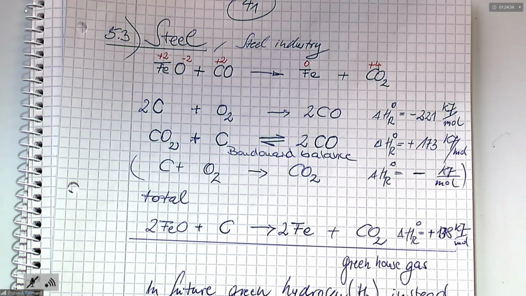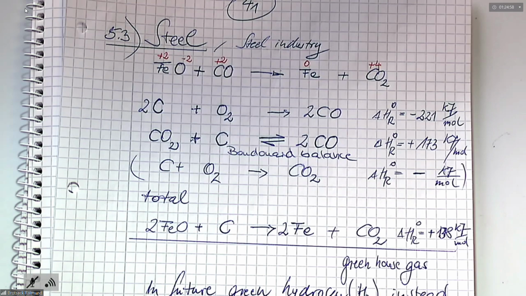That means we don't give too much oxygen to the system, so we won't burn it totally. When we burn it totally, it will be CO2, but then we need more oxygen. Giving only half of it, 1 carbon plus half of O2 is 1 CO.